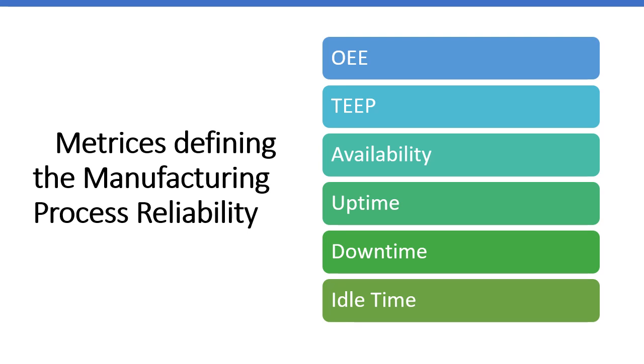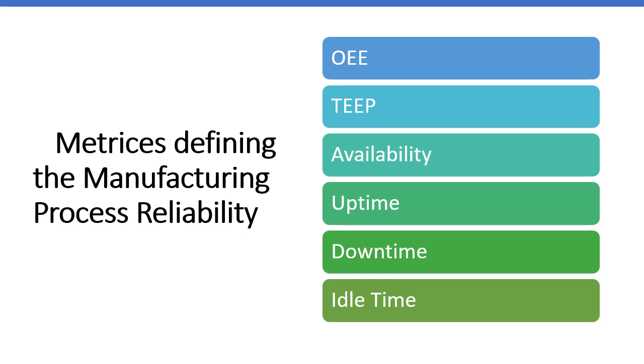They are known as overall equipment effectiveness or OEE. Also, another important metric is total equipment efficiency or total effective equipment performance.